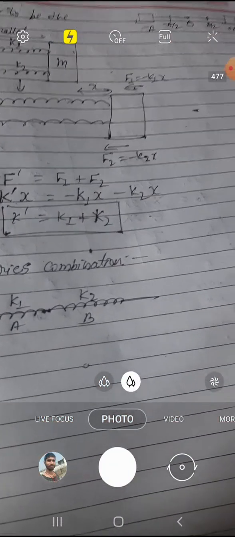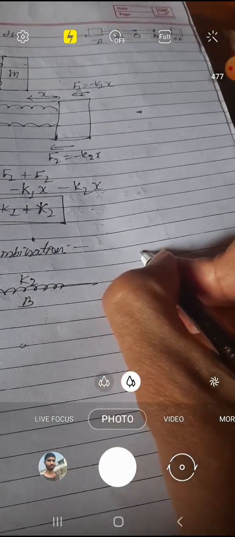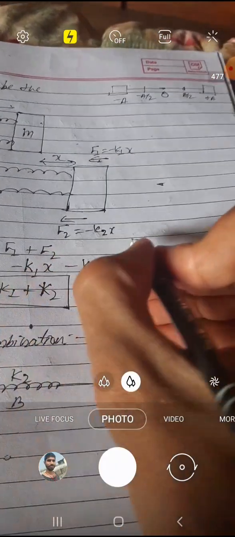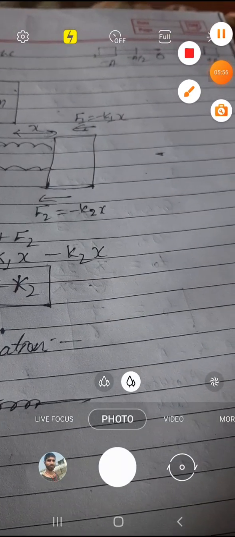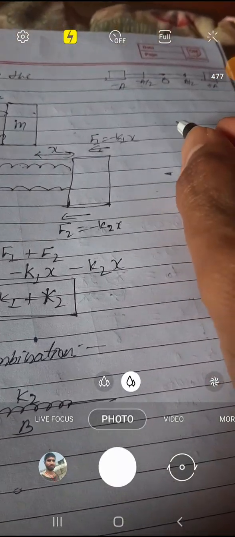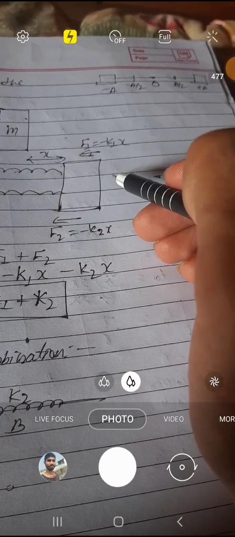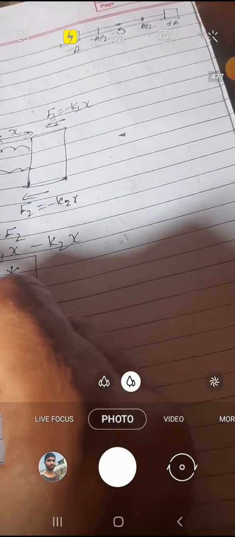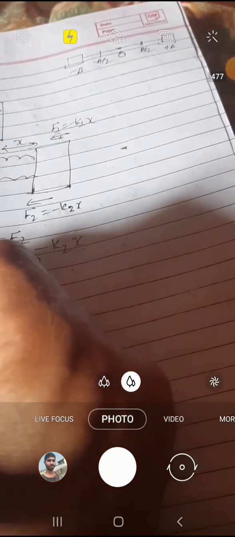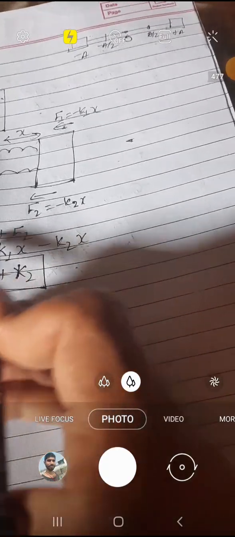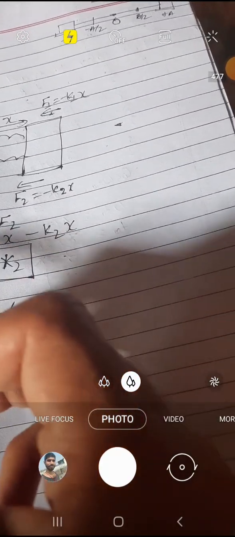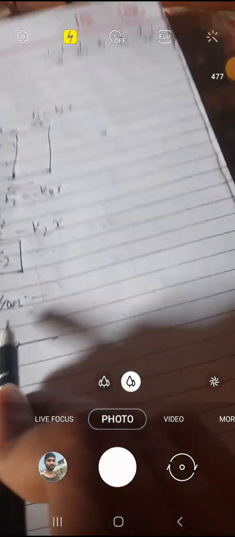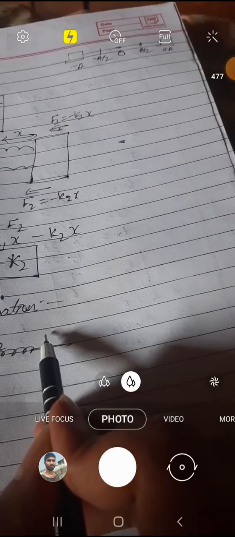In parallel combination, the most important thing was that the displacement was the same and the force was different. So we took F dash equal to F1 plus F2 and then replaced it with x, and x got cancelled because it was the same. Here in series combination, you have to remember what is different.